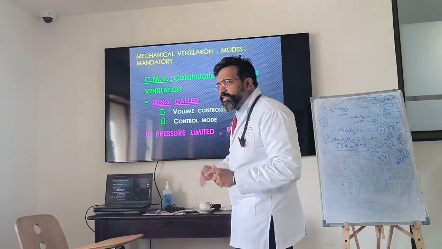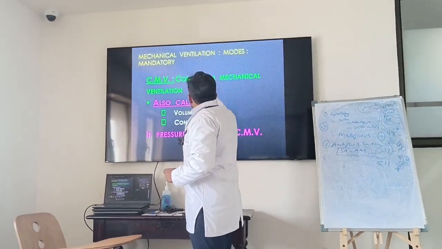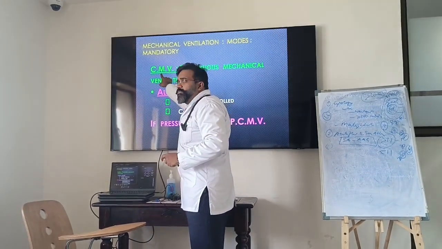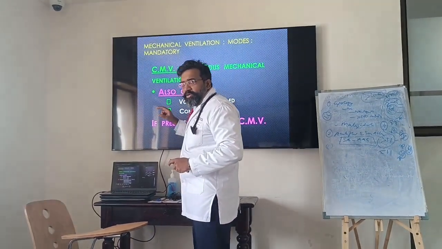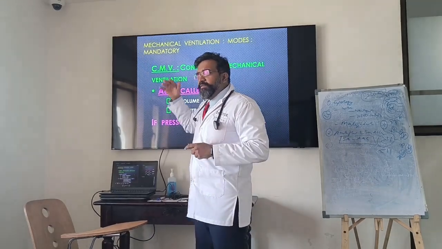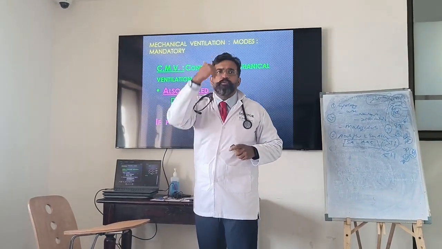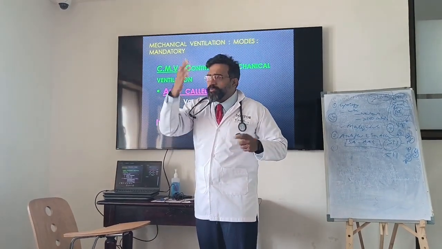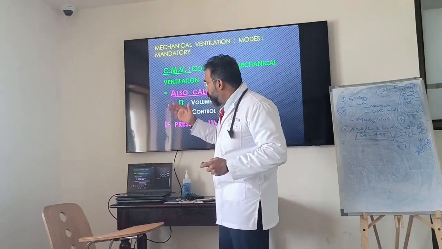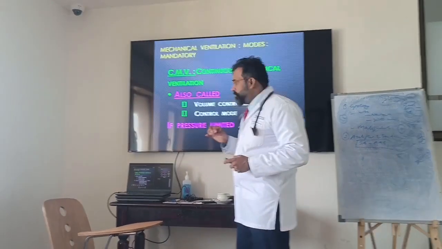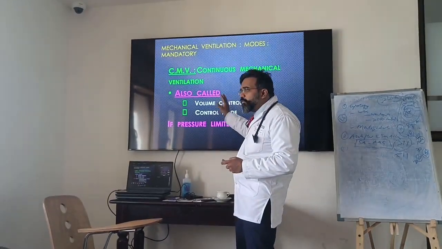Now, say for example, in the ventilator there is something called continuous mechanical ventilation or CMV mode. If there is CMV mode, what will be the breath type? CMV in this, on another ventilator it may be called volume control, on the third ventilator it may be called assist control, on the fourth ventilator it may be called something else, it can be called anything. Okay, but what is this breath type? It can be called volume control.